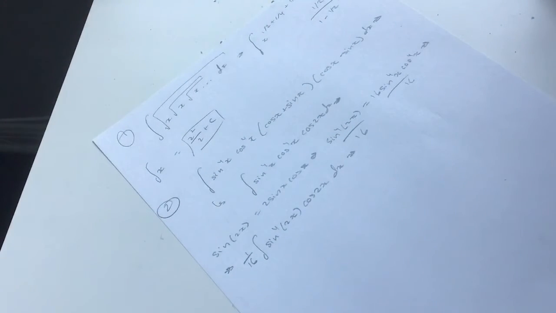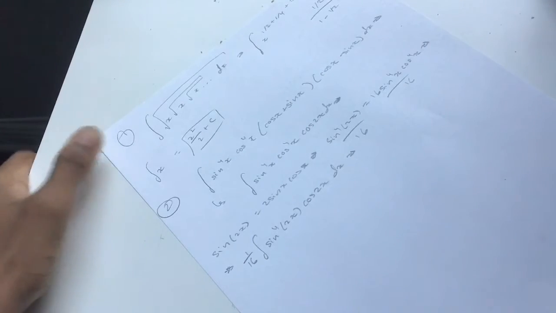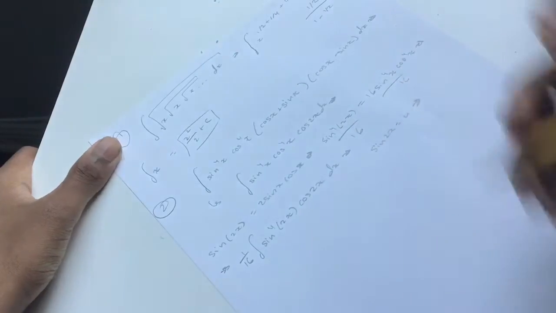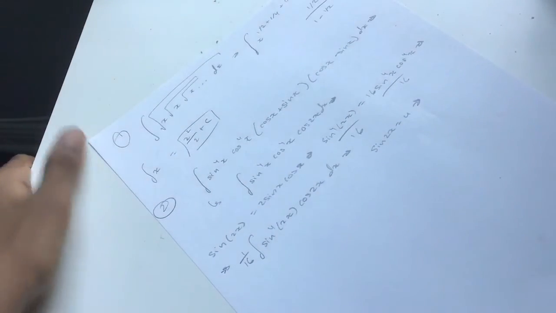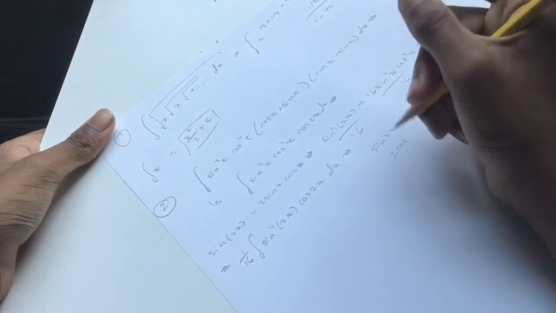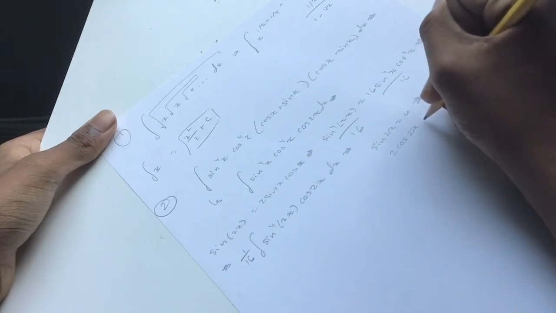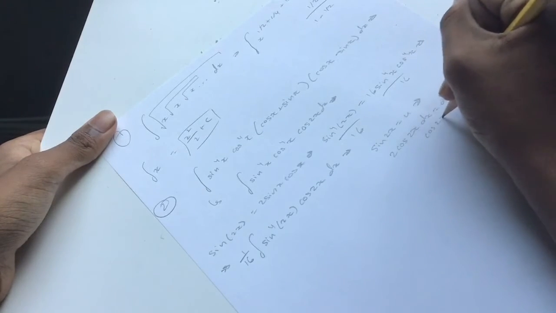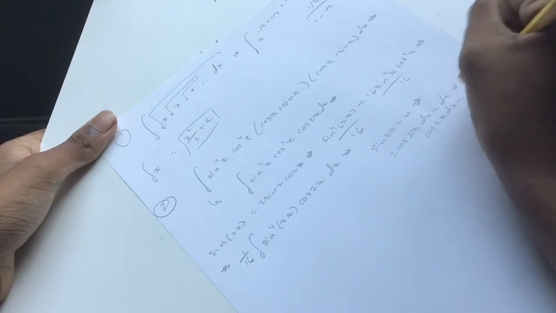Now obviously this is just an easy u substitution. We just let sine 2x equal u. So by the chain rule of differentiation, we get 2 times the cosine of 2x dx is equal to du, or cosine 2x dx is equal to du over 2.